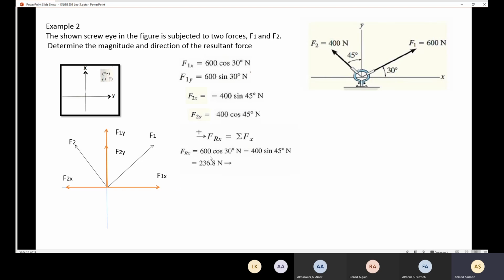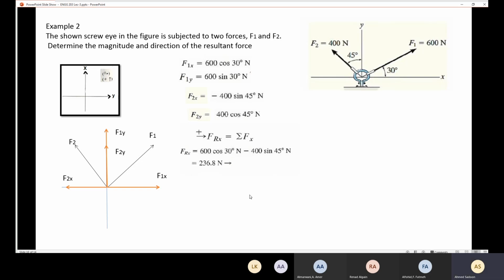Then FRx is going to equal 600 cosine 30, which is F1x, minus F2x. So FRx equals F1x minus F2x. We already know this one and we know that one. And the answer came out to be 236. And remember, the resultant into x came out to be positive, which means that it is in that direction.